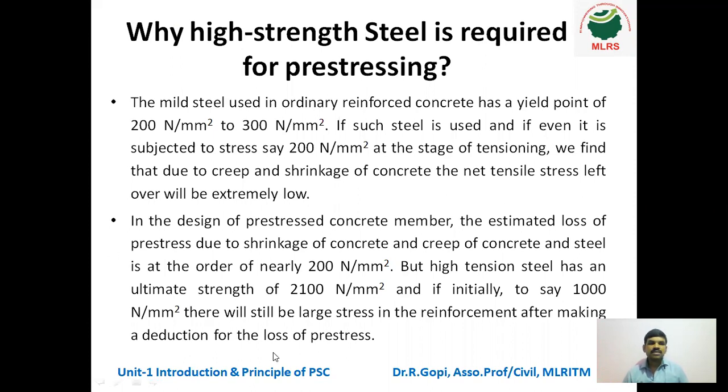If the loss is complete, the member will not take any load and sudden failure will occur. So in the design of pre-stressed concrete members, the estimated loss of pre-stress due to shrinkage of concrete and creep of concrete and steel is of the order of nearly 200 N/mm².